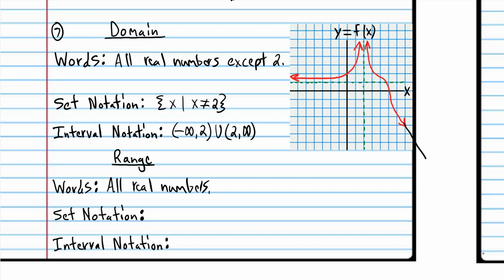We're assuming this graph continues to go down, and it looks like the graph actually goes through this horizontal asymptote, so all real numbers. That's the range of the function. So we say negative infinity to positive infinity.